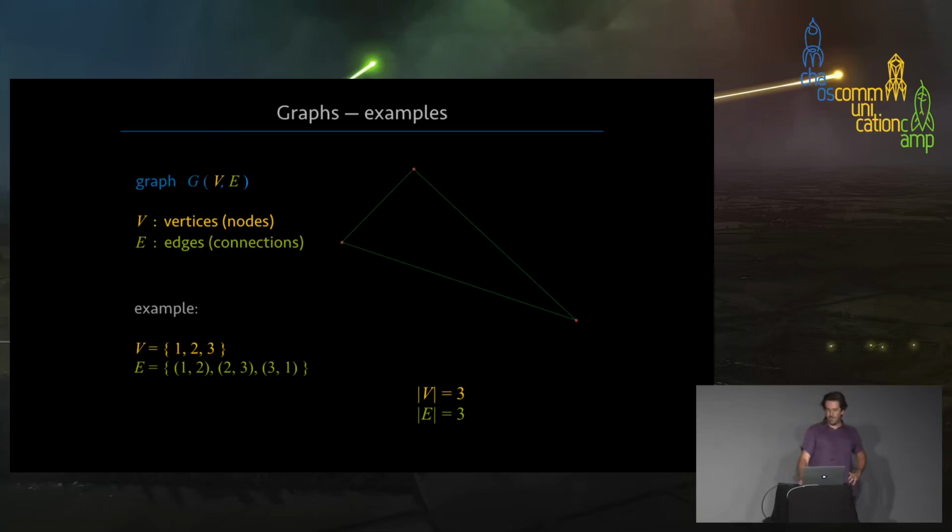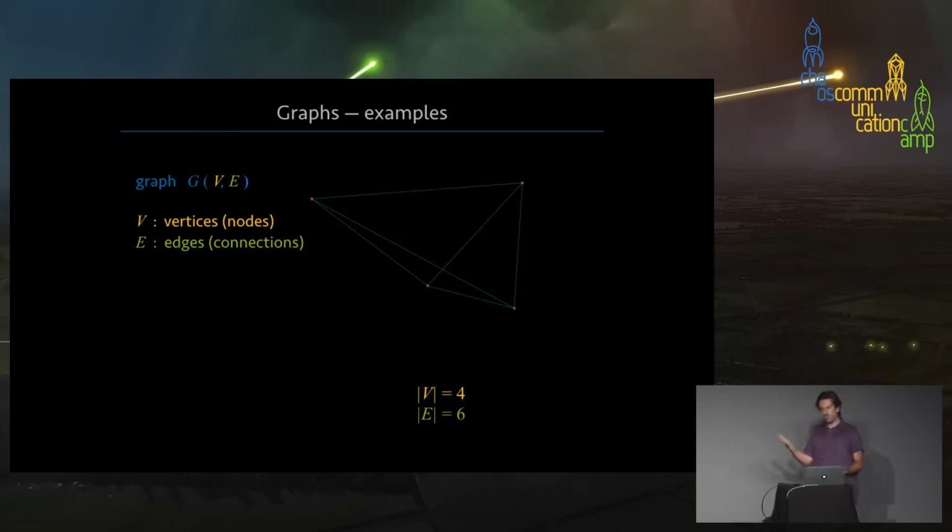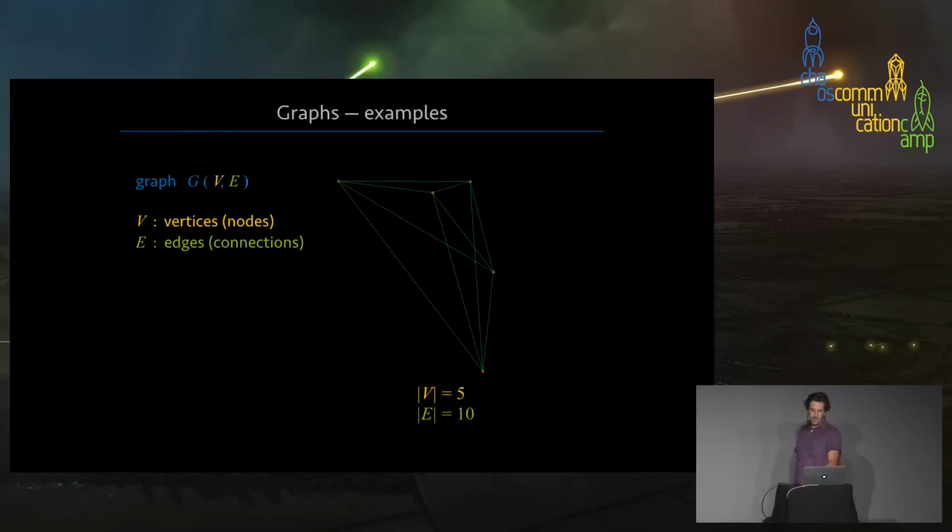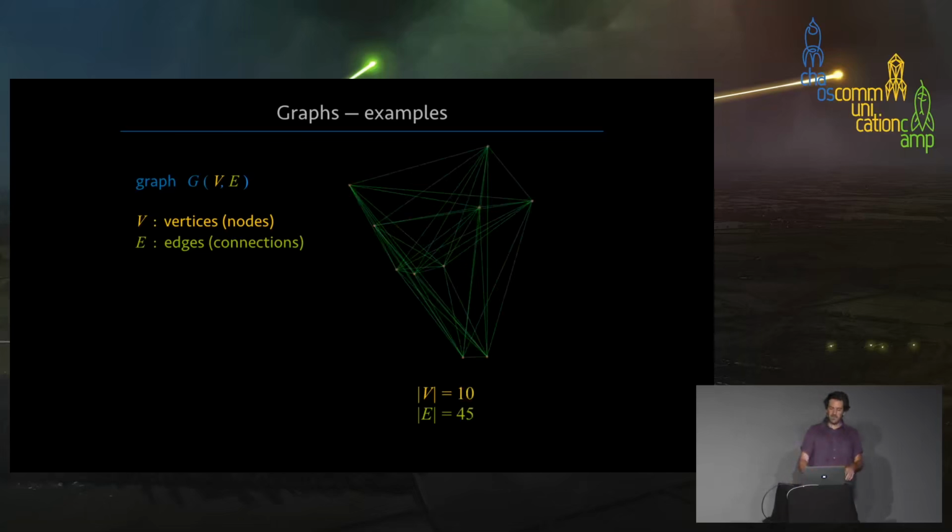But this is just a very simple case. If we want to go to a graph with 4 vertices and 6 edges, again with random positioning, it would look something like that. Here's a graph with 5 vertices. Here's a graph with 10 vertices. So you see, as the network or graph gets bigger, things become more complicated. It's harder to distinguish what is connected to what and what the structure is.